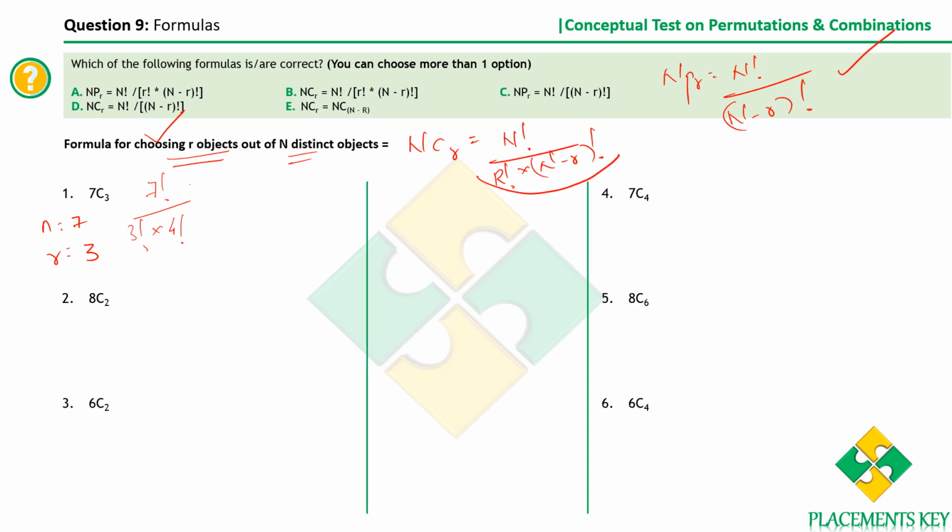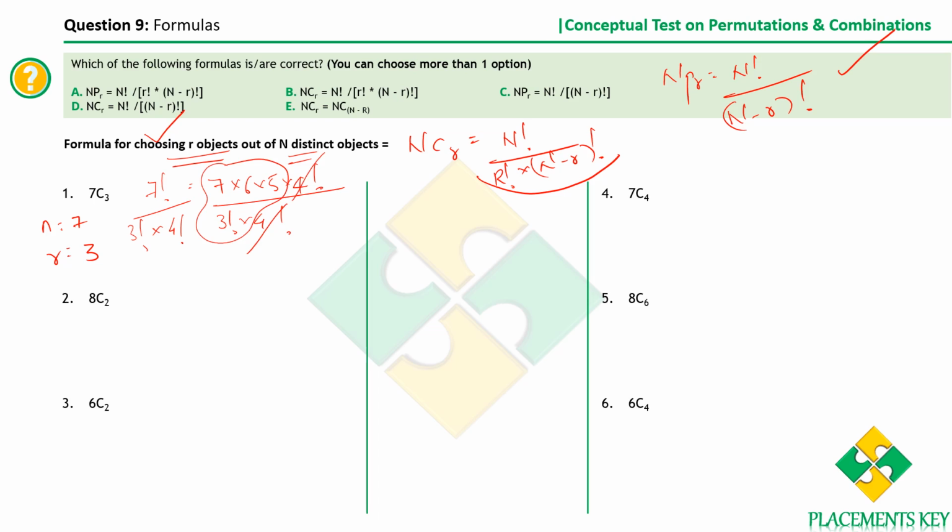Let me expand it here. 7 into 6 into 5 into 4 factorial divided by 3 factorial into 4 factorial. So now what happens? 4 factorial and 4 factorial are gone, so this will be our answer.